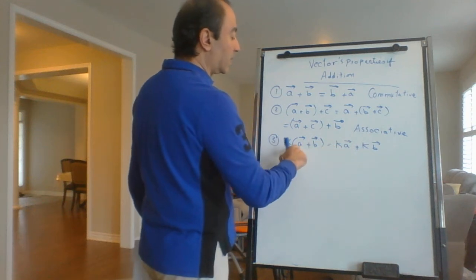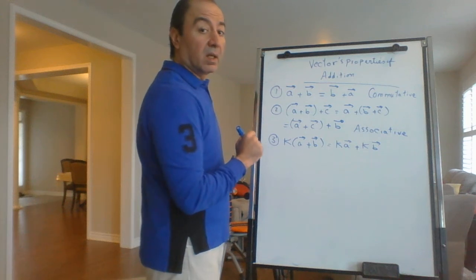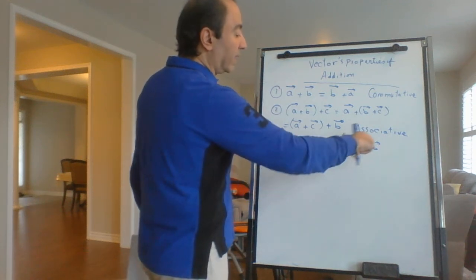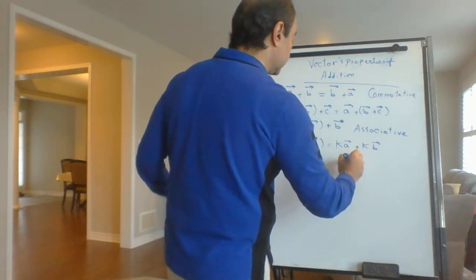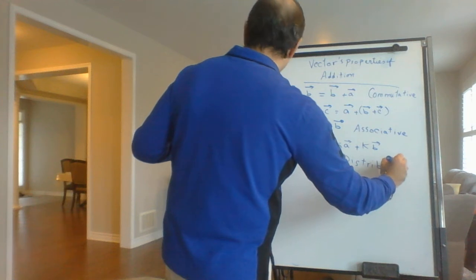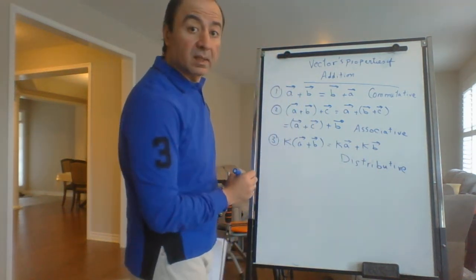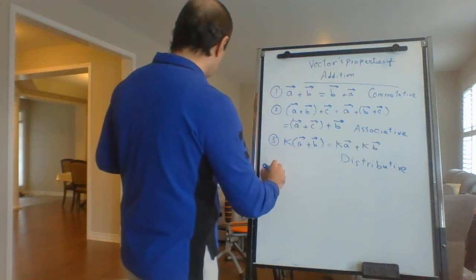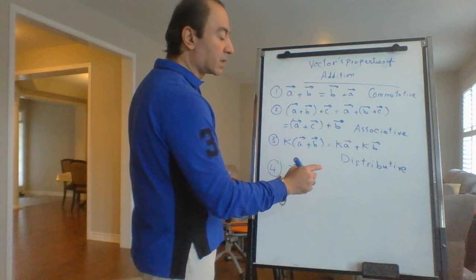So I can multiply k with A, so it will be maybe 3 times A and 3 times B and add the result. So this is called distributive property.